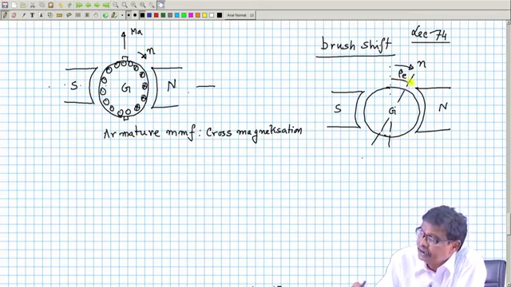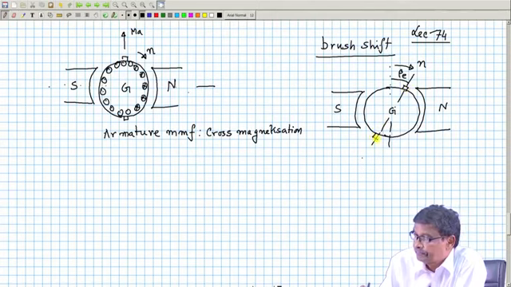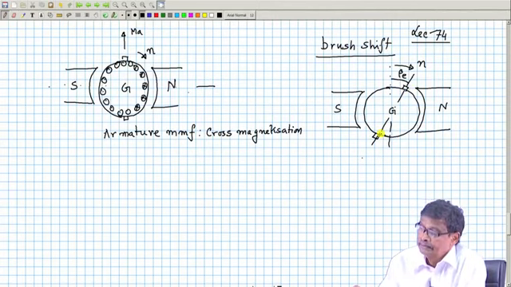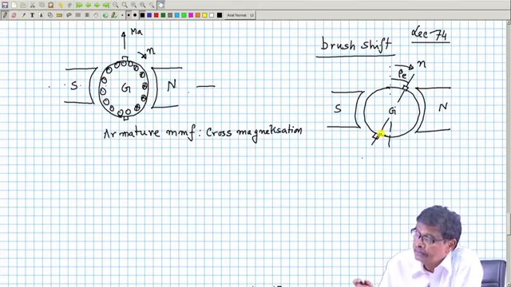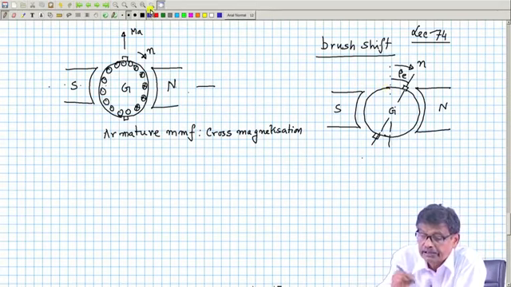So, beta electrical is the brush shift, and the brush is placed here. In case of a generator, the brush shift is given along the direction of rotation. The reason we will easily understand right now. So, this is the thing, and these are the armature conductors.